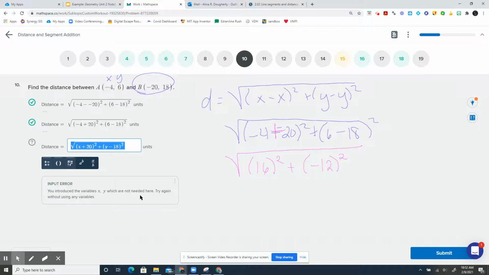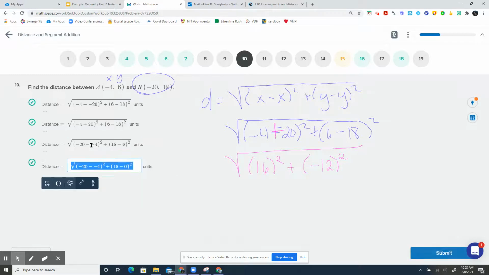Try again. -4 minus -20 squared plus 6 minus. I wonder if it is programmed to require it the other way. -20 minus -4 squared and 18 minus 6 squared.